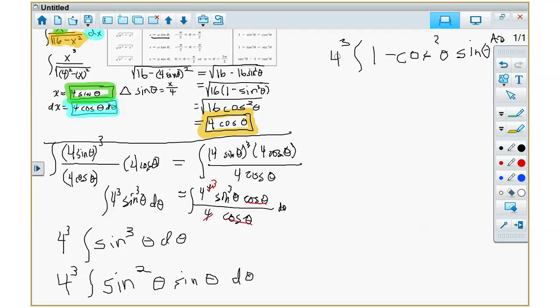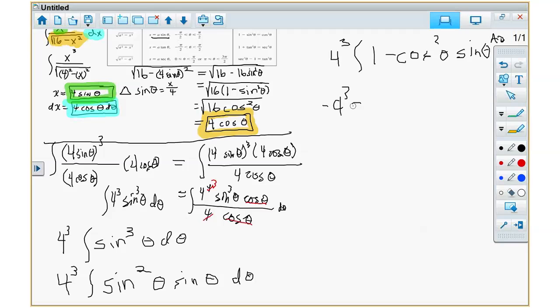So what is the antiderivative of 1? Oh, sorry, the antiderivative of sine. The antiderivative of sine is the what? Negative cosine. Negative 4 to the third.